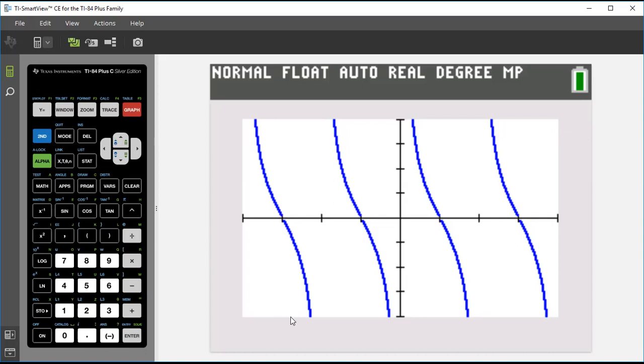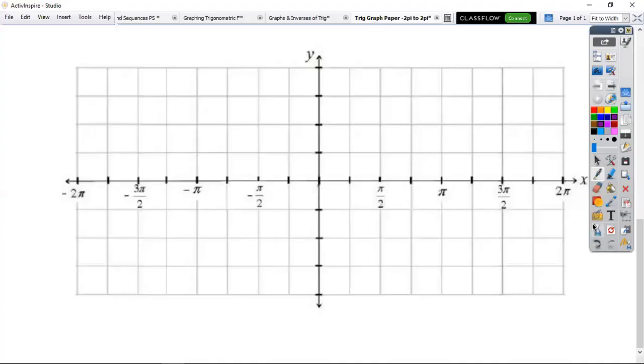So I'm going to grab some graph paper. Let's see, I'm going to use this sheet. My graph paper is in radians, but again, you should be comfortable going back and forth between these. So negative 2 pi is negative 360, 2 pi is 360. So asymptotes are going in here first. Wherever you want to start them.